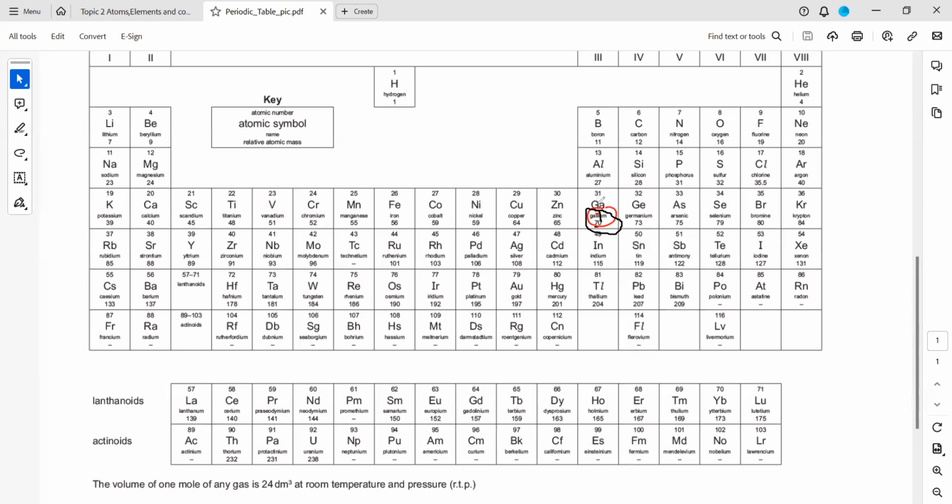After the lanthanoid series, you will find gallium, like above the lanthanoid series.